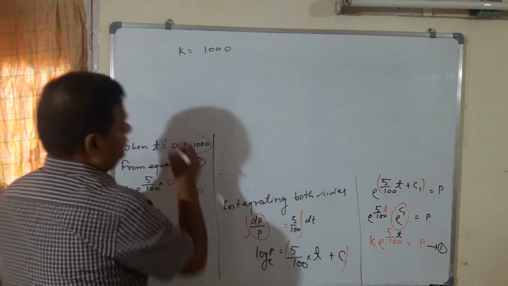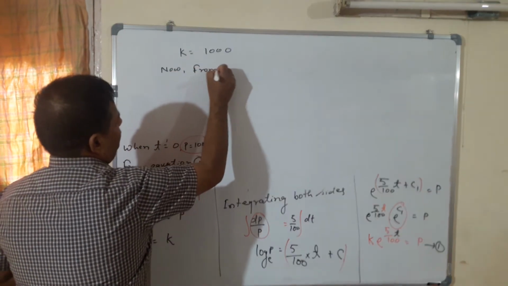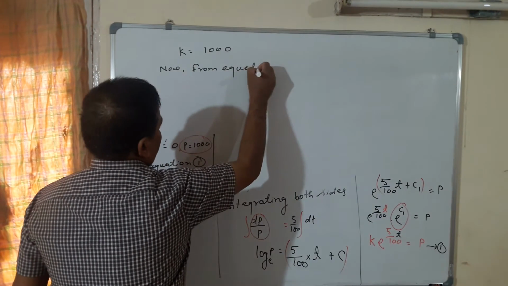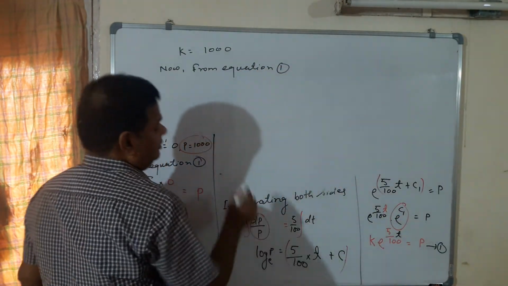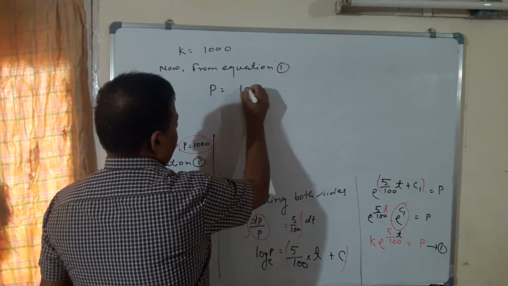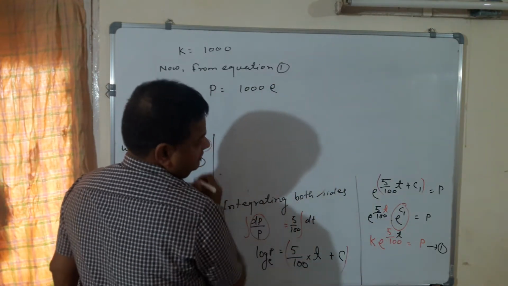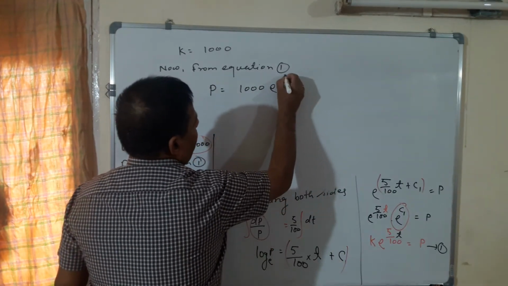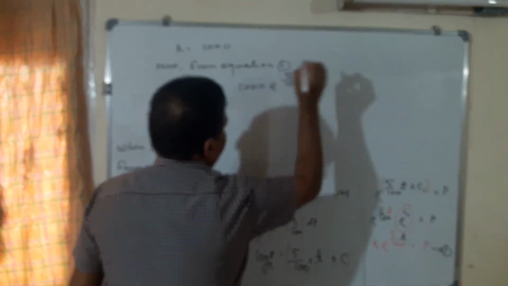Now from equation 1, P equal to 1000 e raised to the power 5 by 100 into t.